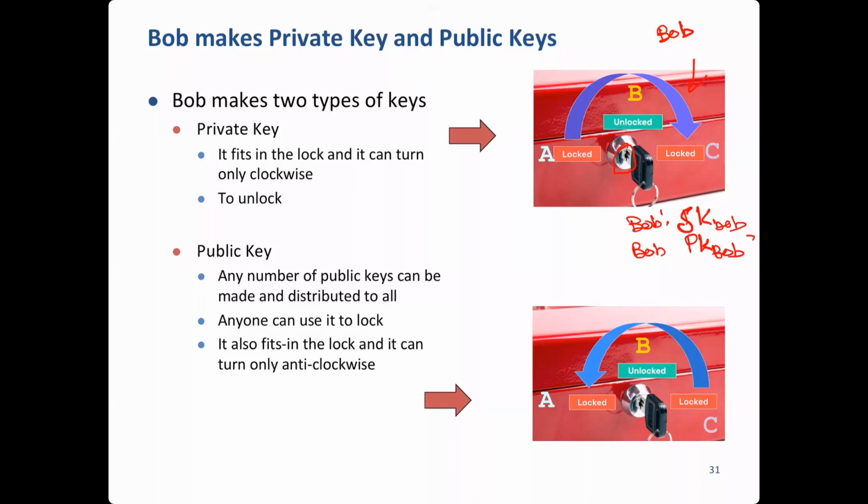Now PK Bob is available to everyone, and the box is initially open. So anybody, for example Alice, flips open the cover and puts her own letter or private message inside, and uses Bob's public key, which she has, and turns it anti-clockwise, and it becomes locked.